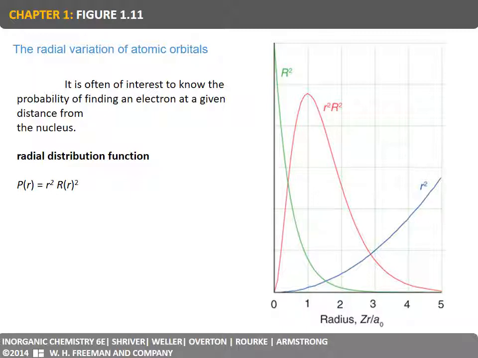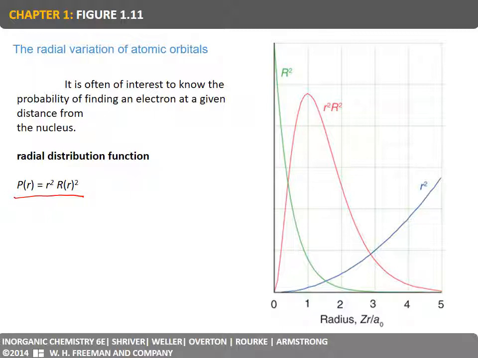I'm not going to go in depth into the integration. I'm sure you are well familiar with integrating over the sphere. Easy. This results in the function that we have here, the P(r), r squared times a function of r over r squared.